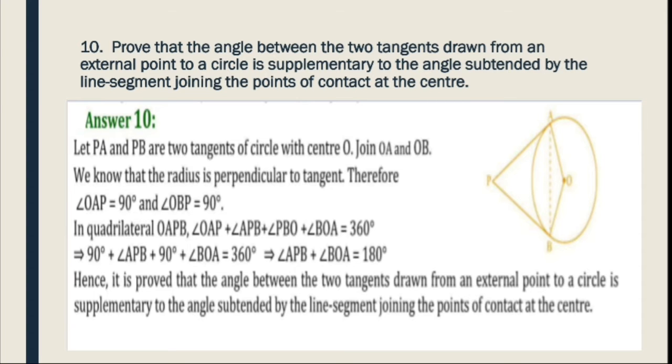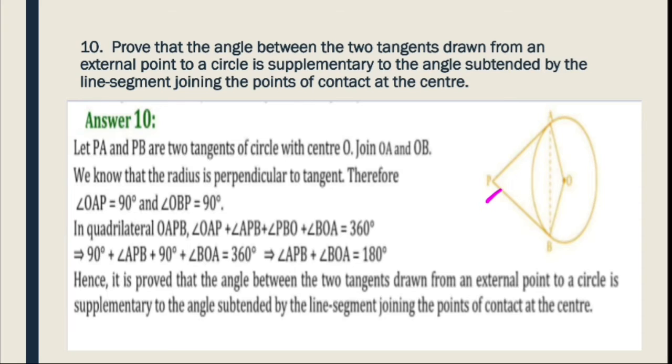The question is, prove that the angle between the two tangents drawn from an external point to a circle is supplementary to the angle subtended by the line segment joining the points of contact at the center. The meaning of this question is, suppose P is the external point.